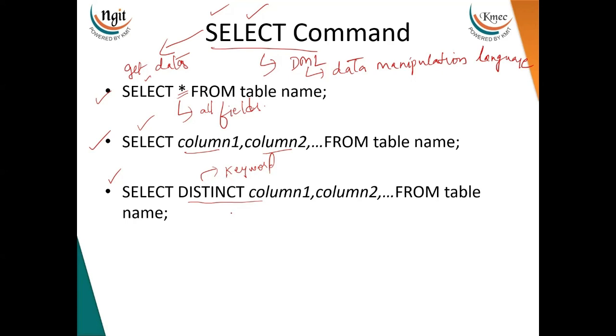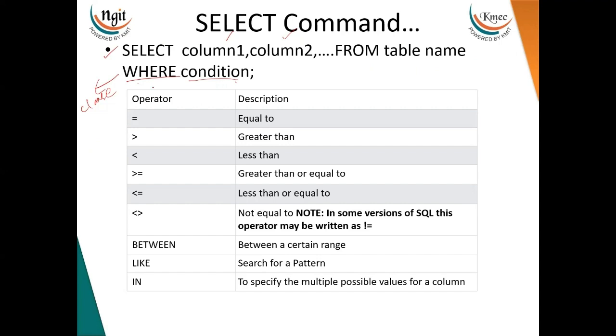Thereby, when the query is executed, all the duplicates are ignored, and you get only the unique values for that particular column as output. A condition is applied along with the where clause. Based on the condition, the data is retrieved or displayed for the specific column names that you mention after the select command.